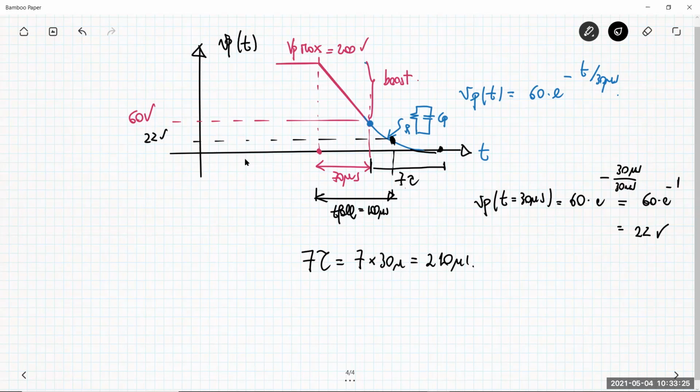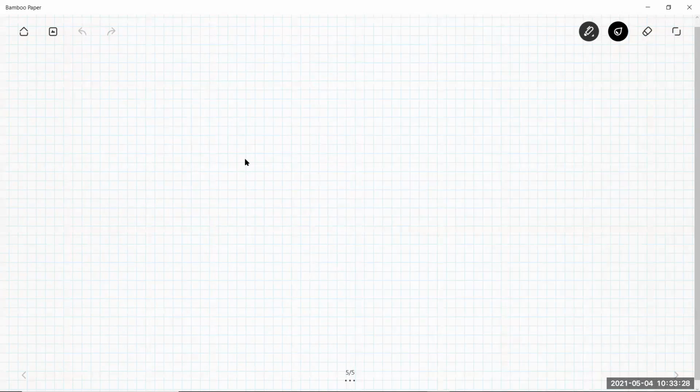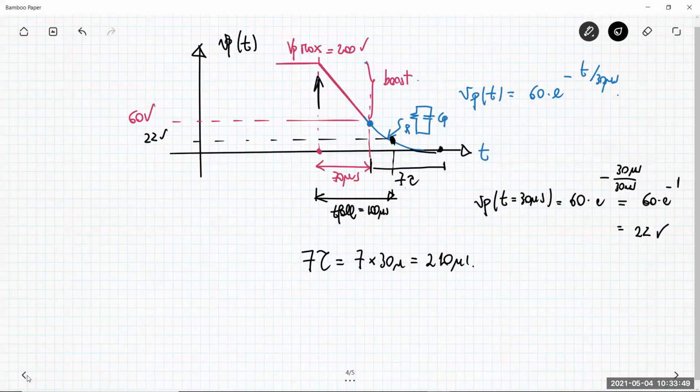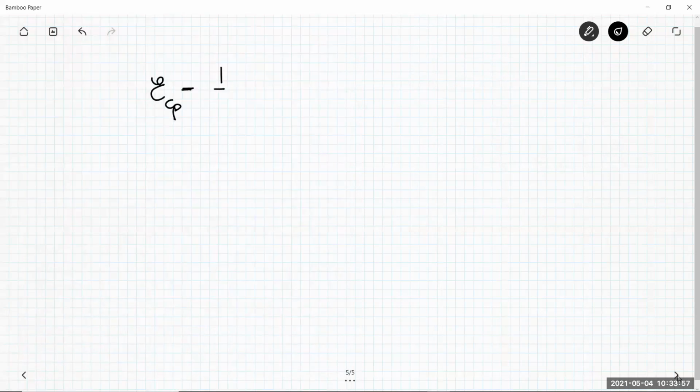In order to understand the power dissipated by the resistor, let's start by computing the energy involved in this circuit, which is the energy stored in the capacitor Cp, the piezo injector, at the beginning of the discharging phase. The beginning of the discharging phase is here, when the voltage Vp is 200 volts. So the energy stored is 1/2 Cp multiplied by Vp maximum squared.